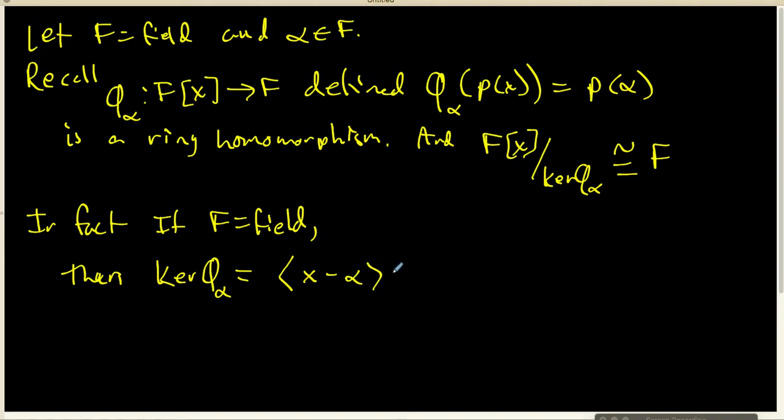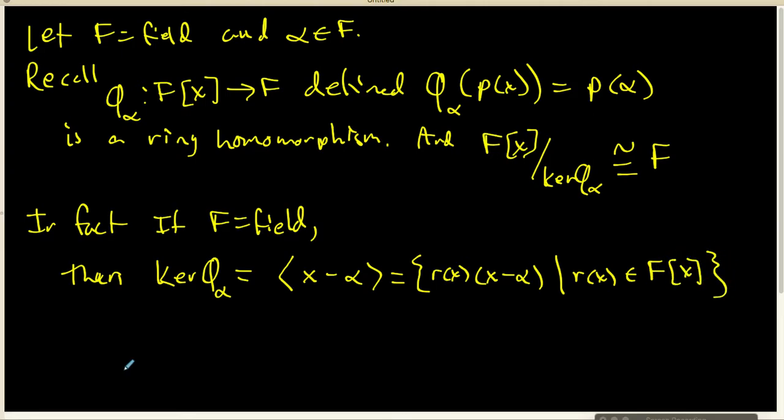And this is the set of polynomials that look like r(x) times x minus alpha, where that r(x) polynomial is pulled from F[x]. So I want to prove this particular fact. This is going to be our corollary.